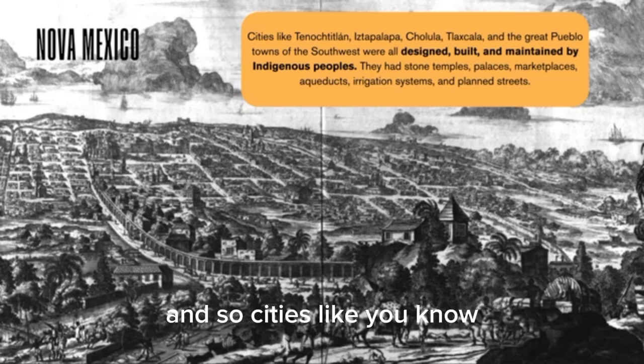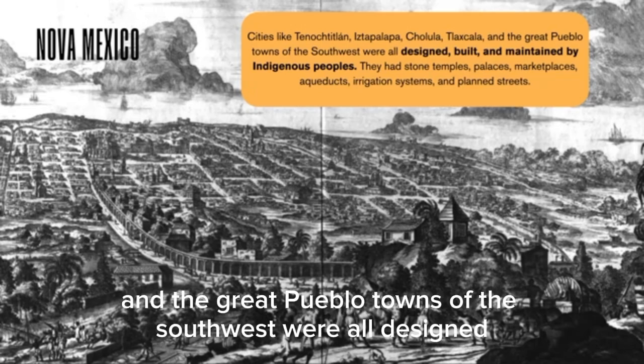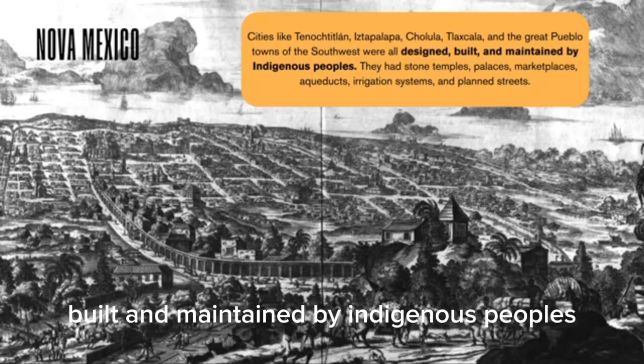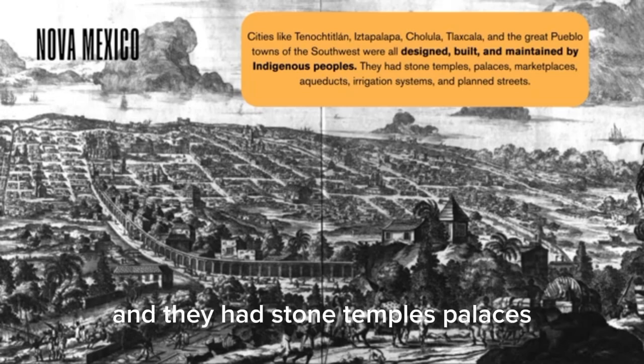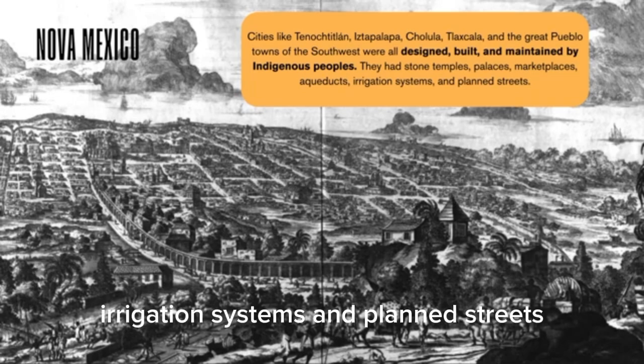And so cities like, forgive me for my pronunciation, Cholula and Palapa and the great Pueblo towns of the Southwest were all designed, built, and maintained by indigenous peoples. And they had stone temples, palaces, marketplaces, aqueducts, irrigation systems, and planned streets.